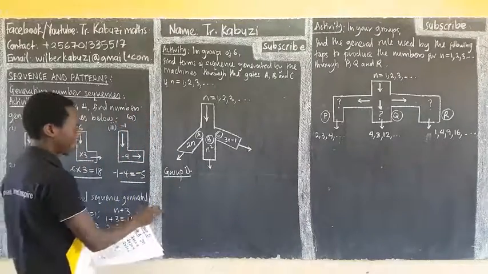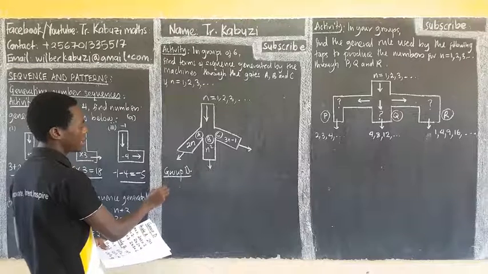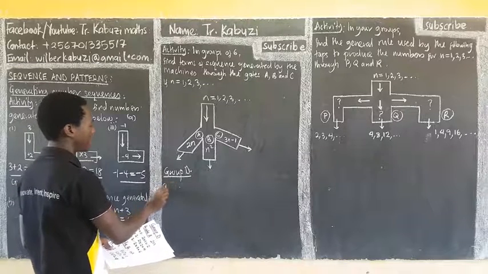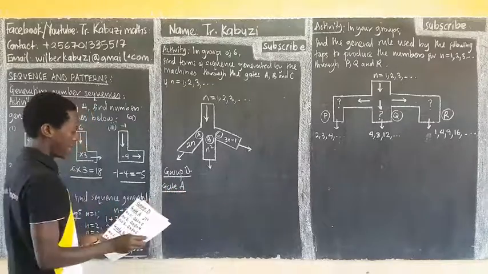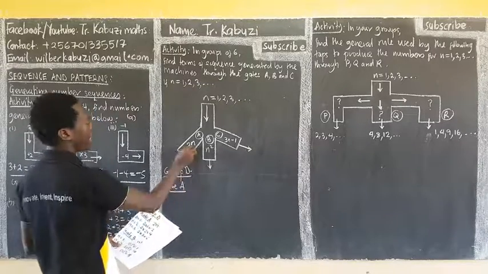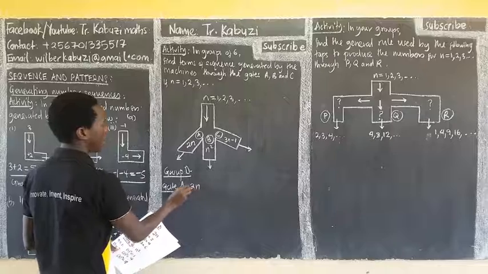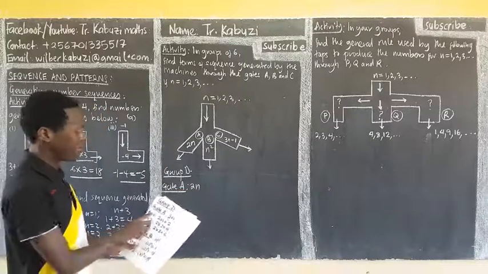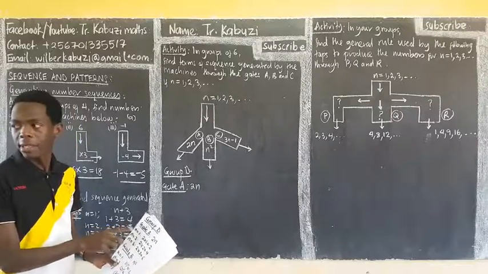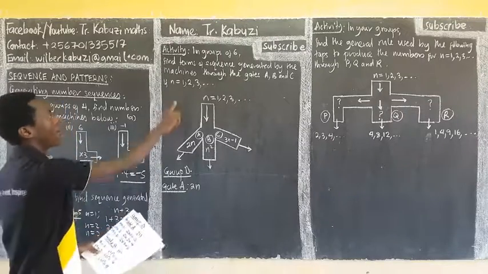So they started with gate A. In gate A, remember what is on gate A? This is 2n. So what they did, the first figure they put is 1.